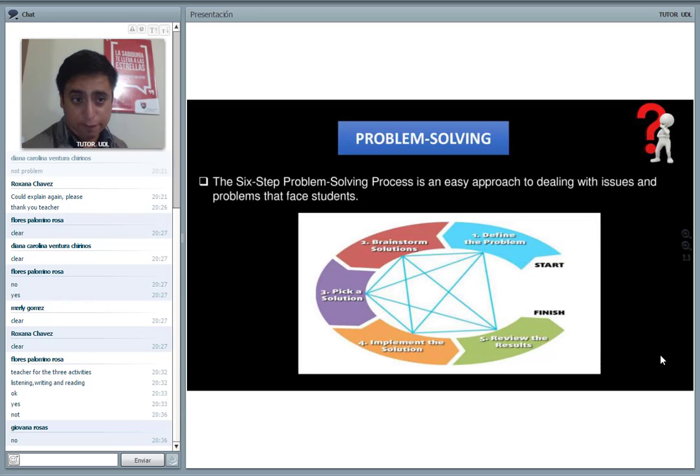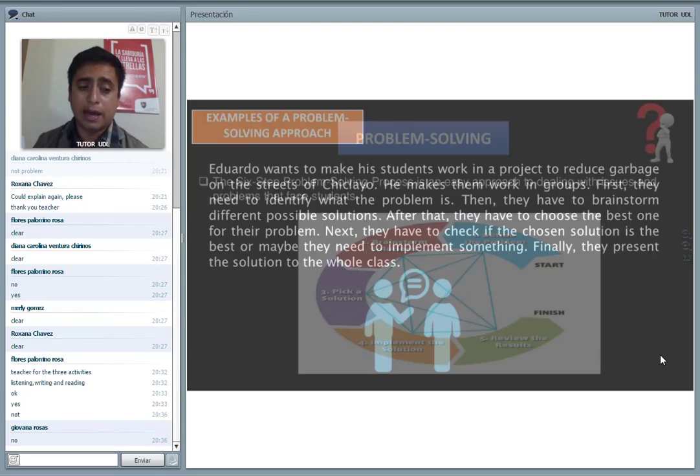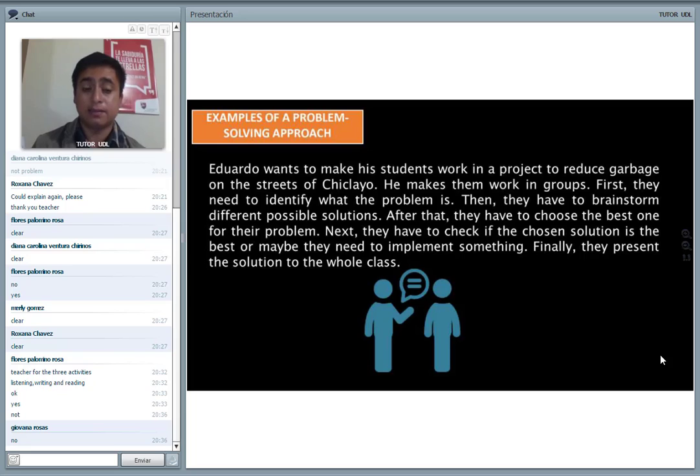Finally, they have the final result and they have to make the presentation of the possible solution that they consider the most effective, right? That's the idea, that's the cycle. Do you have any questions about problem solving? No? Okay, I will show you an example in the next slide to make it clearer, right?